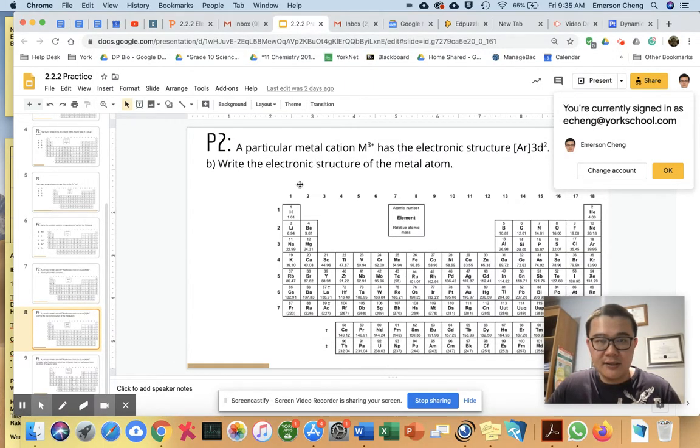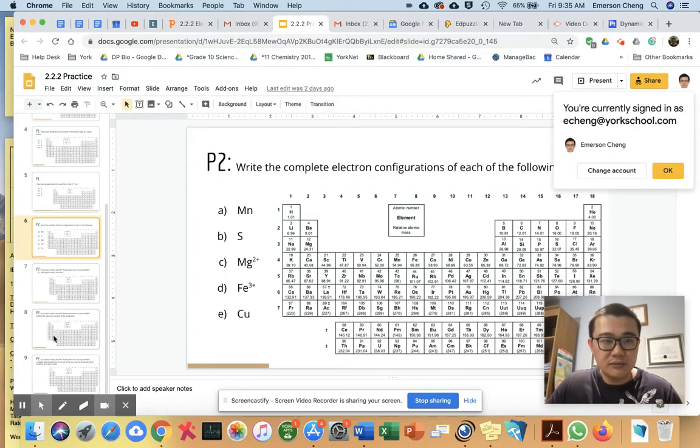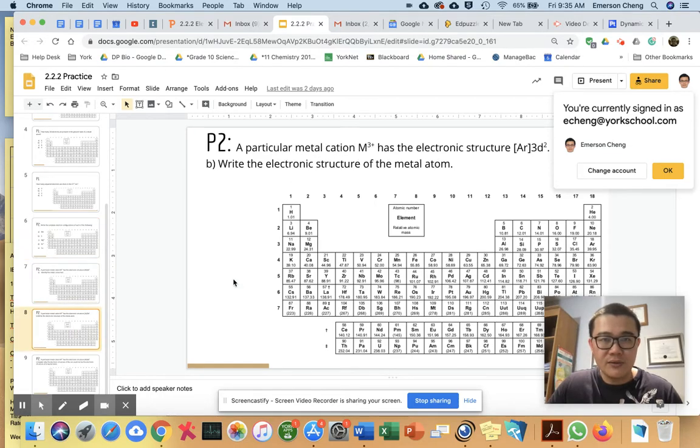Now this one they're not asking for the shorthand, but the earlier question had a complete one, so I guess you can do a shorthand. So Ar, and by Ar you just have 5 more electrons.